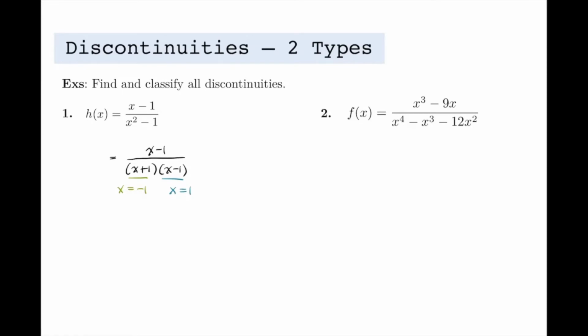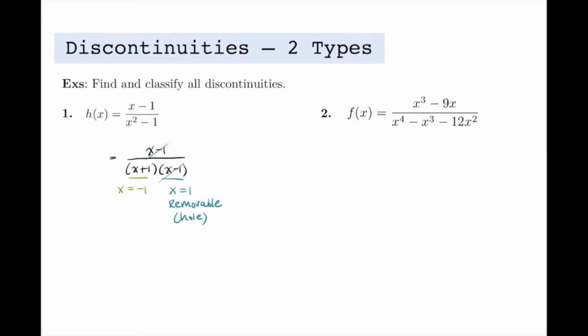When we are classifying the discontinuities, we just want to look at which ones could maybe cancel out, which ones would be 0 over 0, which would be a hole in the graph, or which ones would be not 0 over 0, which would be a vertical asymptote. We can see here that the x minus 1s could be "removed." That is an algebraic way of showing that this x equals 1 discontinuity is removable, because again, this means that we have a hole in the graph.